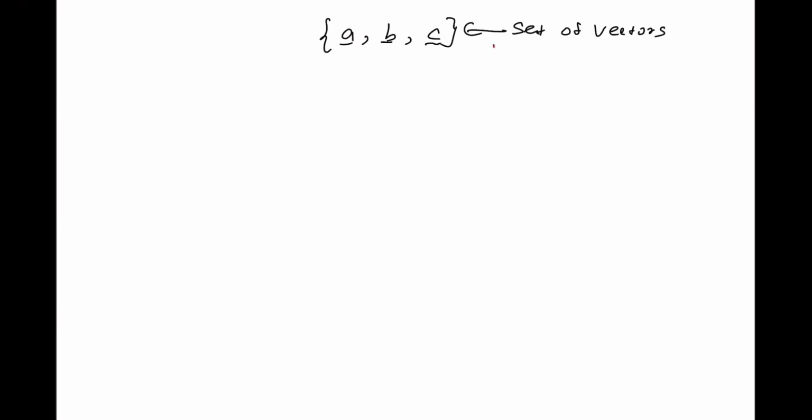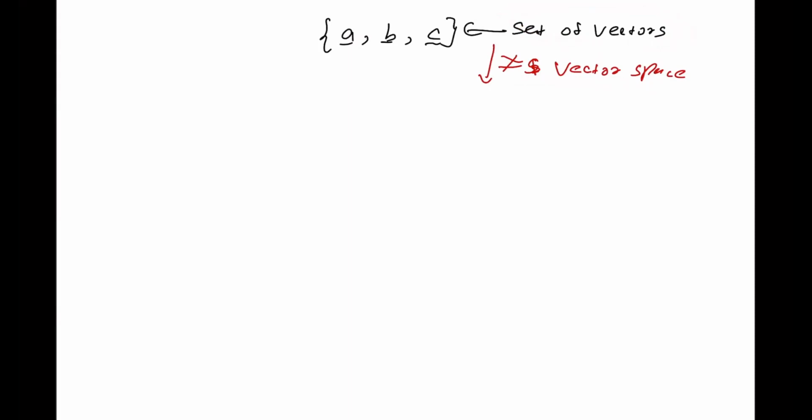But this is not a vector space, right? A set of vectors and a vector space are two different things. A set of vectors is just a collection of vectors. That's it. You get some vectors and you denote that a set.